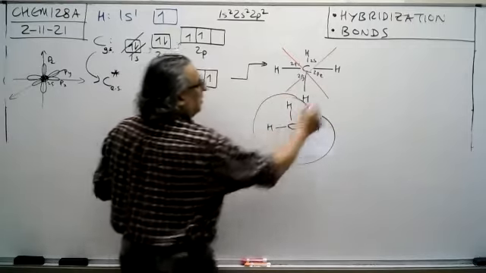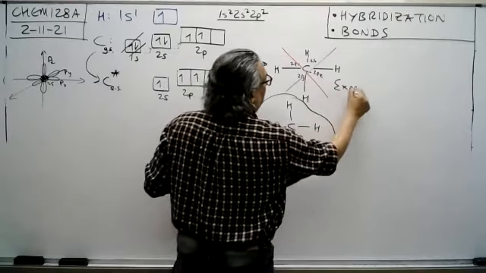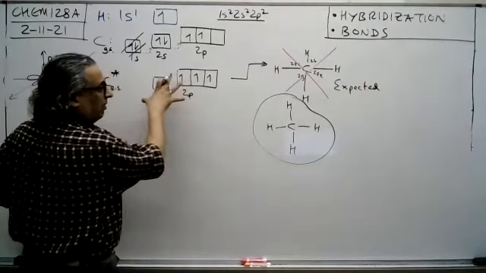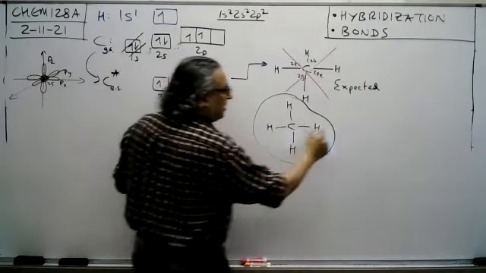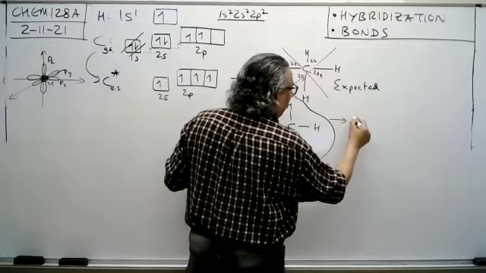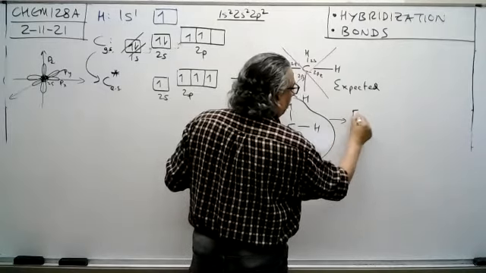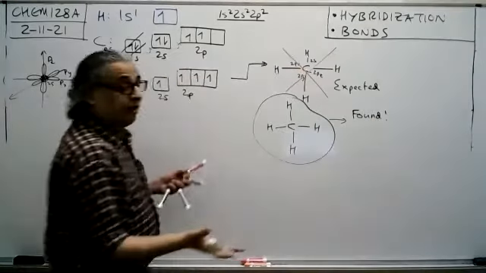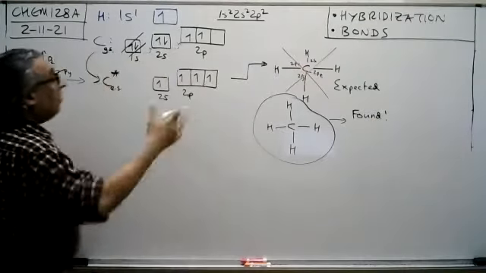This is expected from what we learned up to that point. This is from results, this is data driven. This is how it was found in real life. All the bonds are the same.